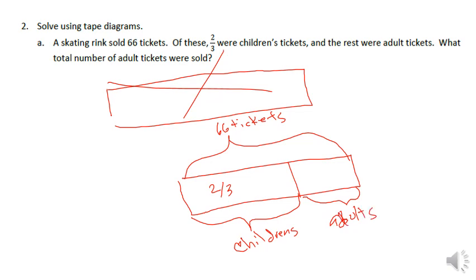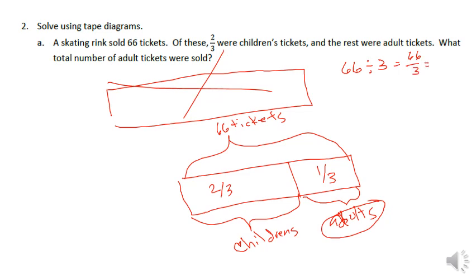And since this has to be a whole, if this is 2/3, I know the adults were 1/3. Okay. And now the question wants to know what total number of adult tickets were sold. Right here, that's what we're looking for. So I want to know what 1/3 of 66 is. So 66 divided by 3 equals 66 thirds.